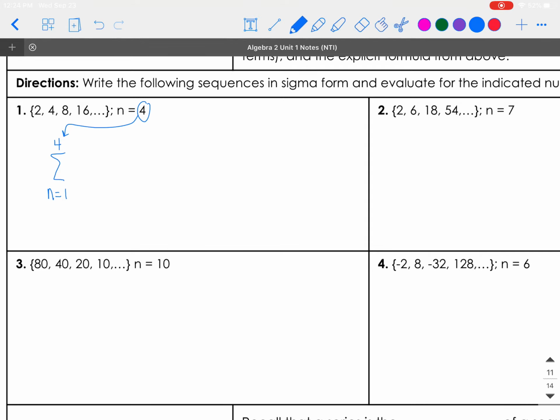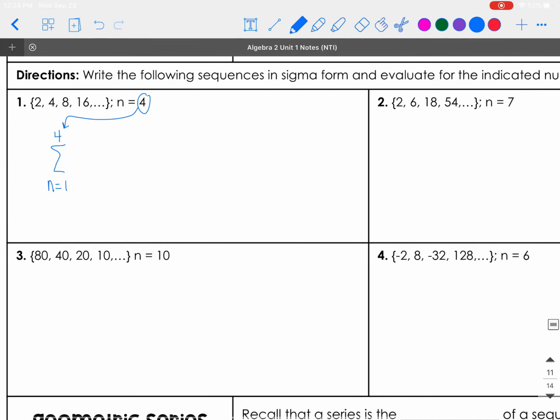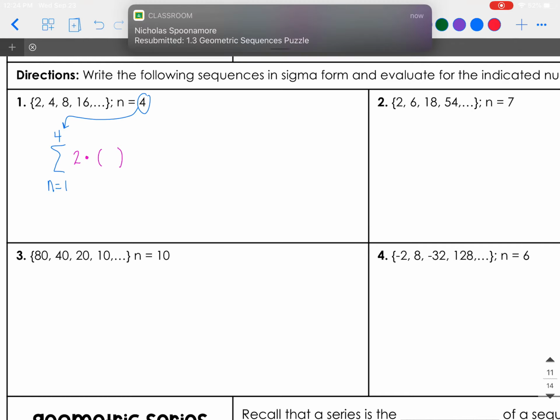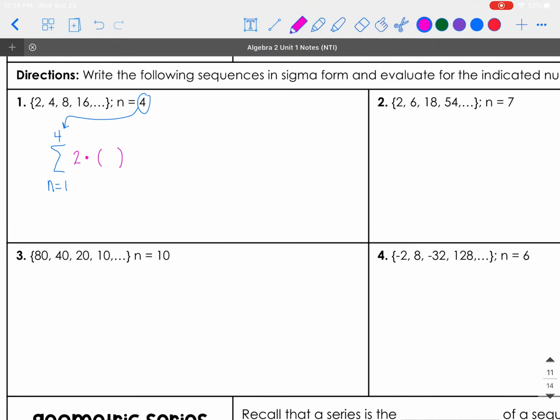And then for our formula that goes to the side, remember it's A1, our first term, which is 2, times our common ratio. So look at your numbers. What are we multiplying by each time? We're multiplying by 2. And then n minus 1 goes in the exponent.